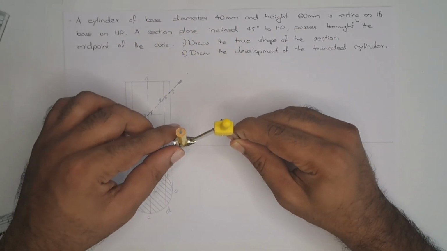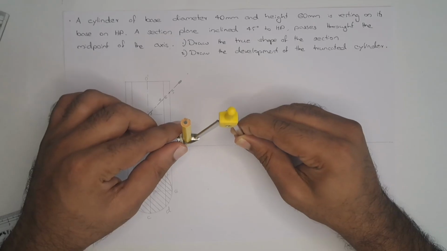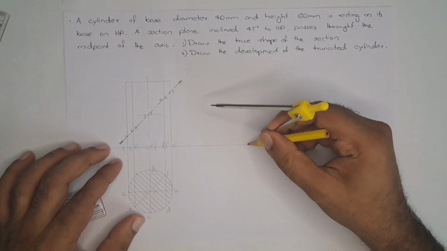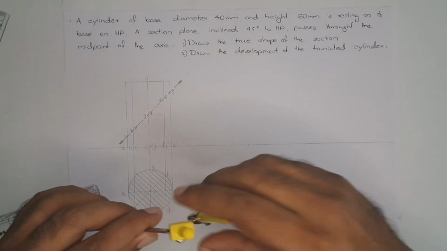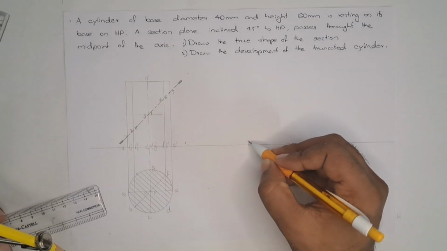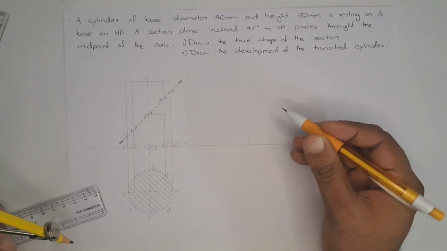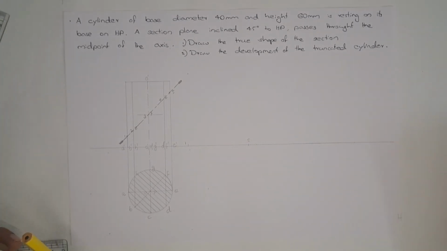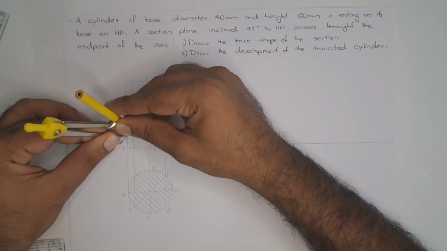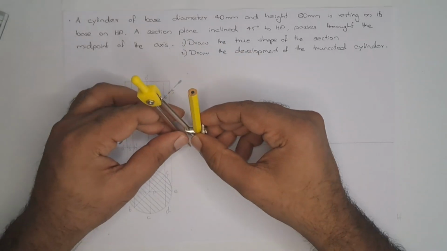You can mark the distance over here. So this is 1 and this is 5. So now we are marking the remaining parts.